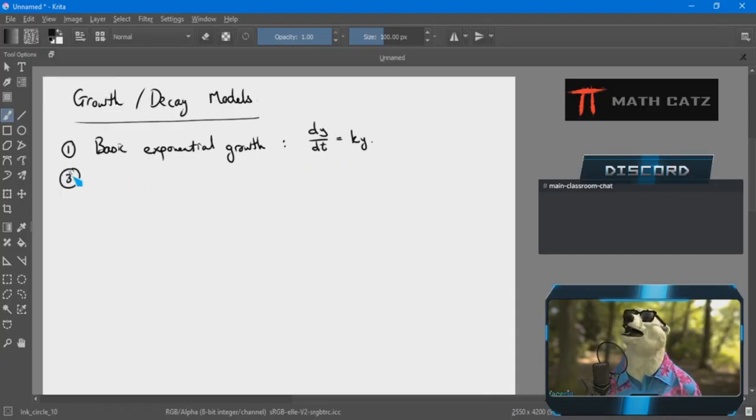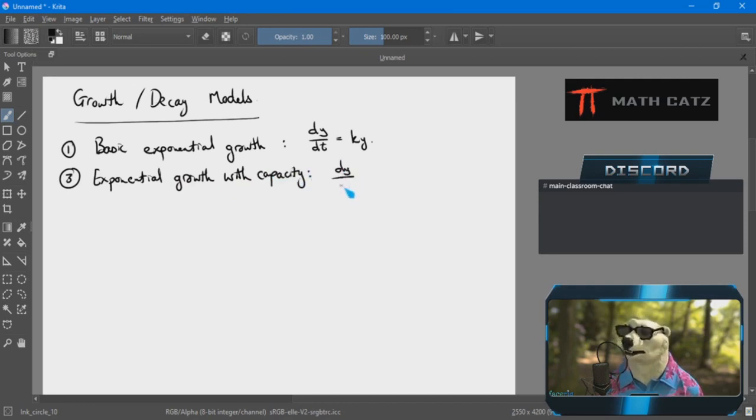Then we said in number 3, we want to have exponential growth of some kind, or let's say proportional growth, but there should be some capacity aspect built in, where if we look at the situation practically and keep track of how things grow out there, after a while, the space becomes a limiting factor.